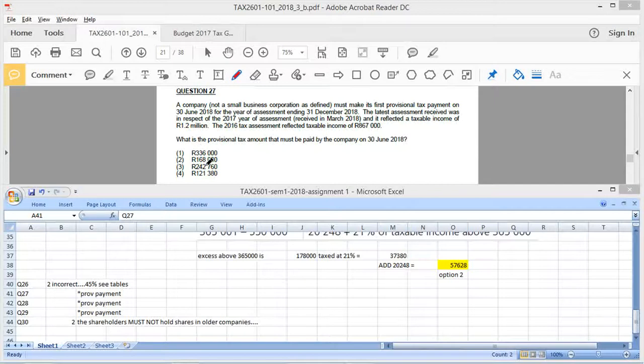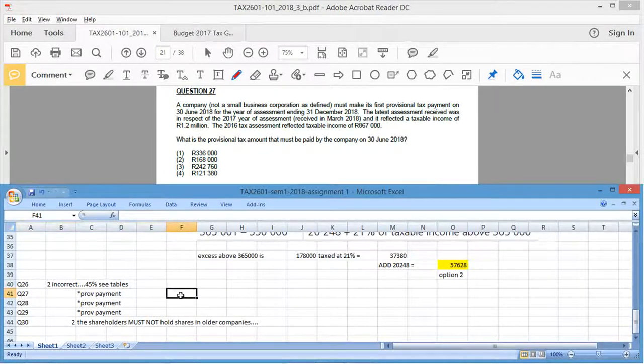Alright, so the preceding year would be the basic amount. And the basic amount here, this is for the 2018 year, so 2017. The 2017 amount is 1.2 million. Alright, and I'm looking at what? Not an SBC. So if it's not an SBC, is this a micro business?